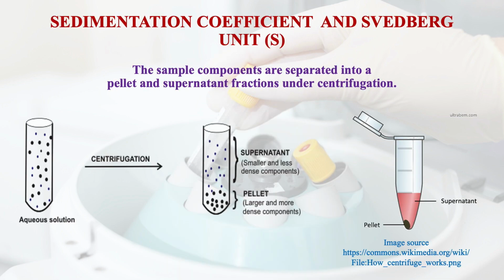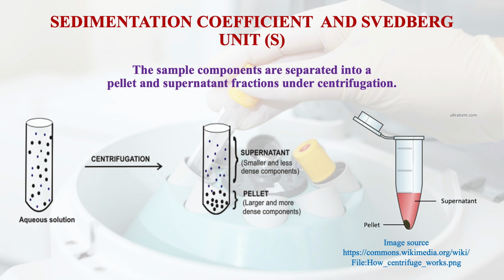Let us understand what will happen after the centrifugation process. The process begins with the separation of molecules when we put the centrifuge tube containing particles of different size and mass. These particles are separated under the gravitational force, and we get two types of fraction, called the pellet and the supernatant fraction.